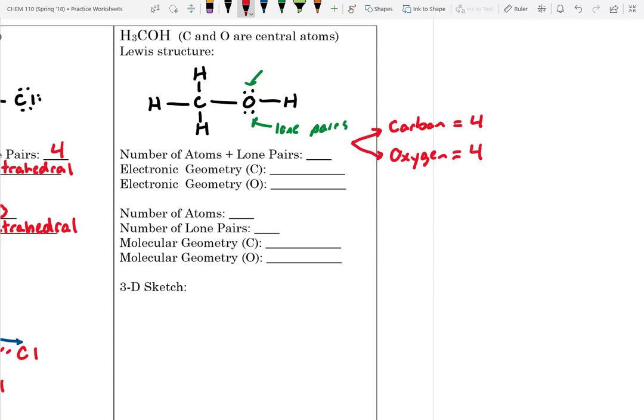All right, what's the electronic geometry for carbon? I'd be going to it using that handout, cheat sheet. Tetrahedral. All right, electronic geometry for oxygen, that's the more generic term on the far left-hand side of our notes. What would that be for oxygen if it has 4 things around it?